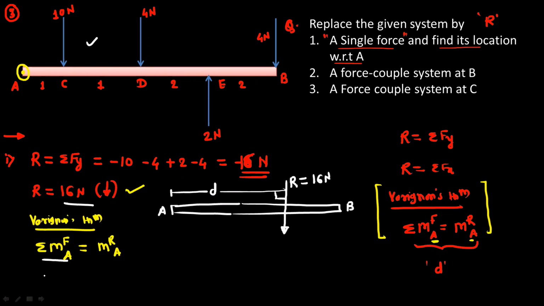So force is 10 Newton. We are taking the moment, so force into perpendicular distance. Here perpendicular distance is AC and it is 1 meter. Now for the moment, do not consider the sign of the force. As it is in the downward direction, don't write here minus 10 into 1. We will decide the direction of moment based on the sense of rotation.